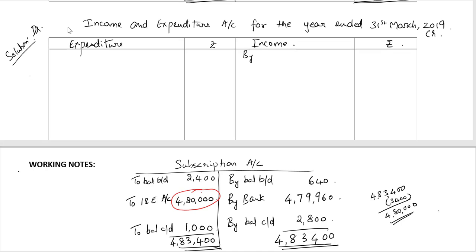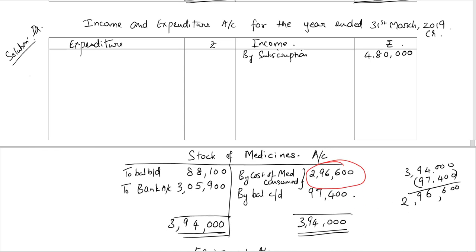By subscription account, ₹4,80,000. Next is the stock of medicines consumed to be taken to the expenditure side. To stock of medicines consumed, amount 2,96,600.